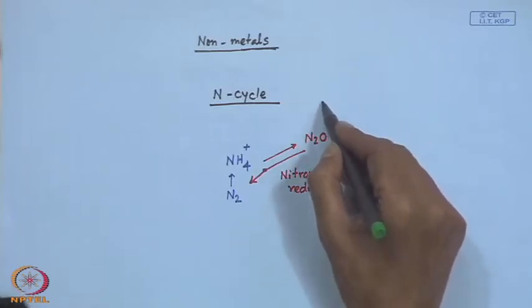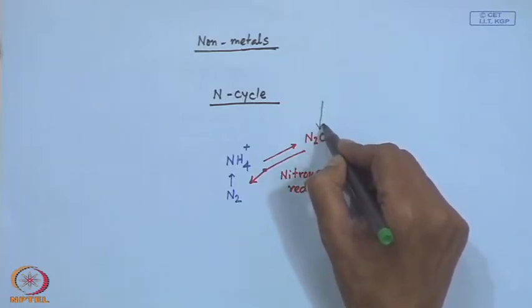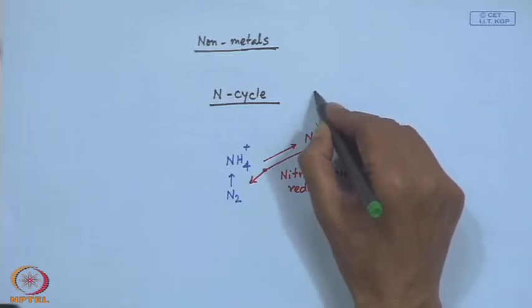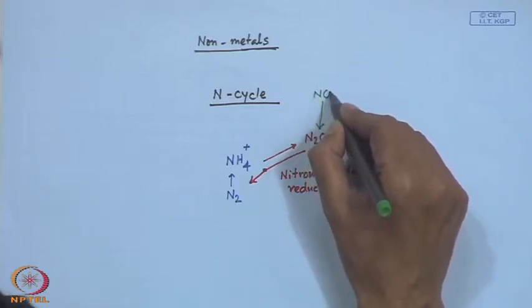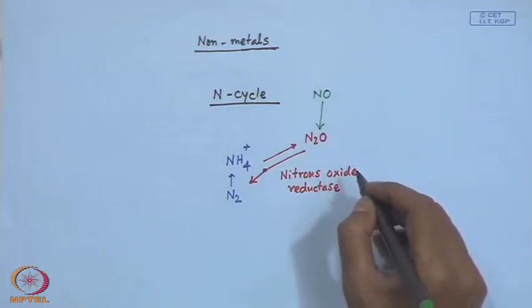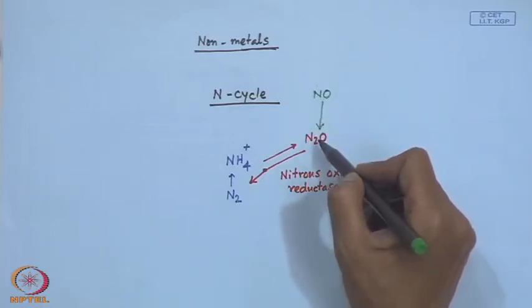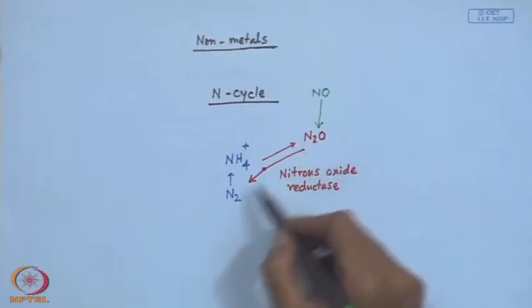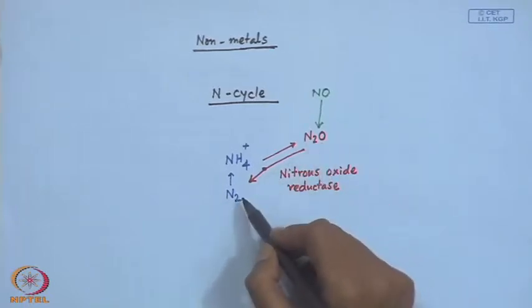And this N2O can also be formed from the reduction of the nitric oxide molecule. So, this can also be formed through the reduction, hence this is the reduction of N2O to N2.